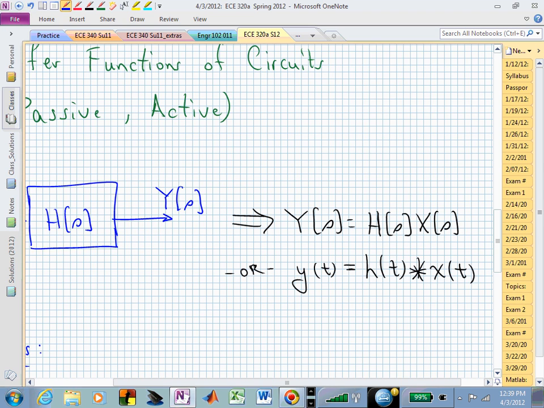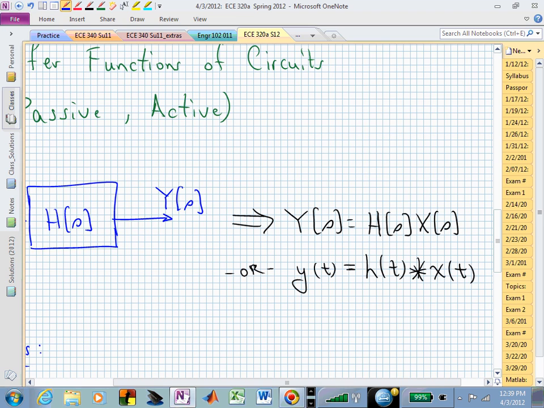If you worked in the time domain, then we have that convolution operation, which is that star between little h of t and little x of t. Little x of t now can be any generic waveform that you want to apply to your system. What is little h of t called? That's your impulse response.